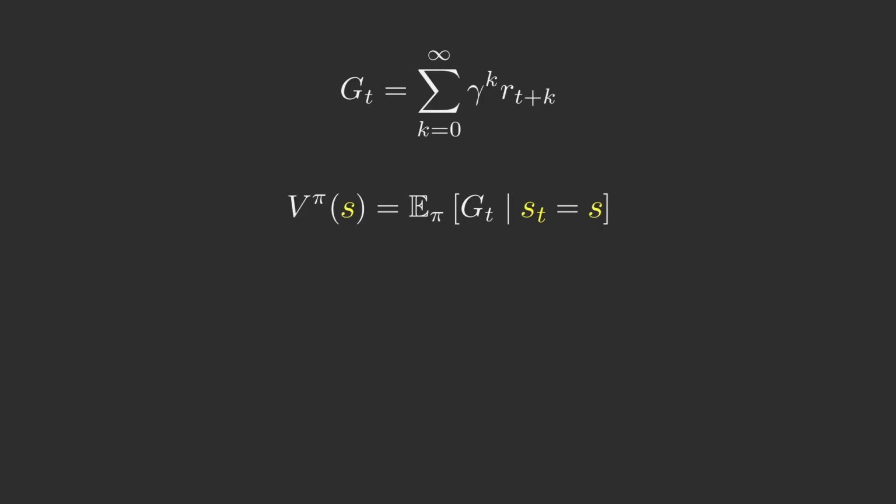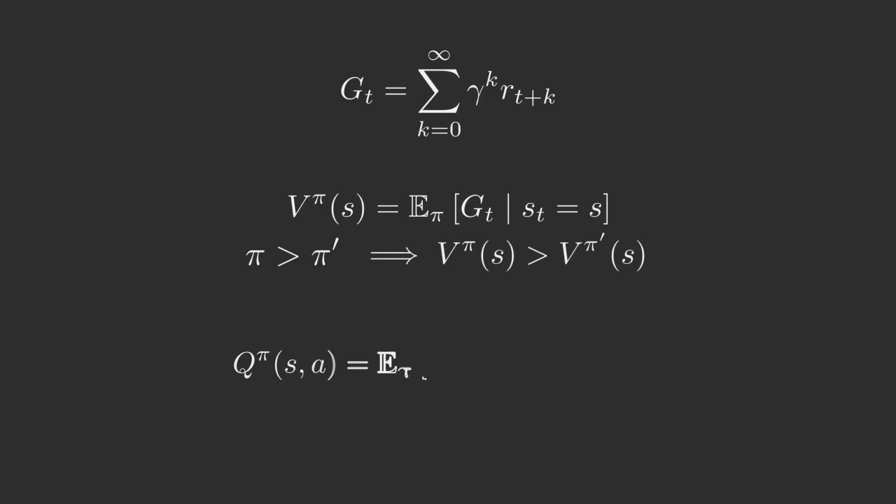This tells us how good it is to start in state S and follow policy pi thereafter. In other words, what is the expected discounted sum of rewards if I follow the actions from the policy pi for one episode, starting from state S? Thus, if we have two policies, pi and pi prime, we can define a better one, or larger one, being the one having a larger value function.